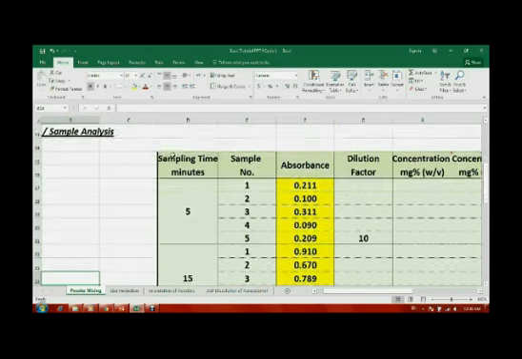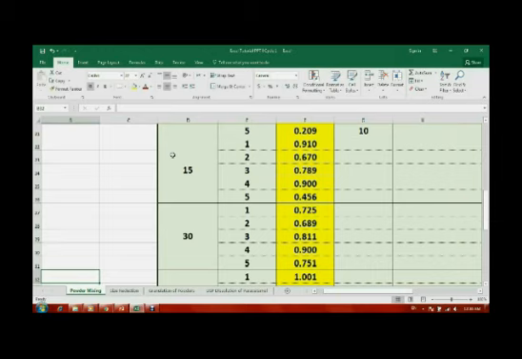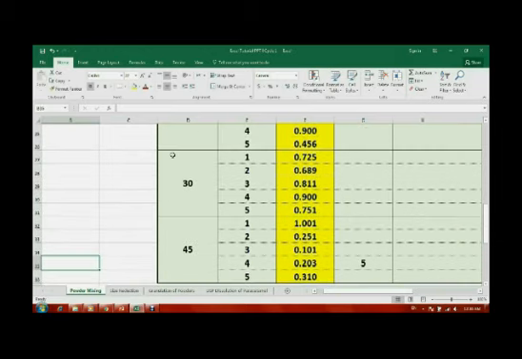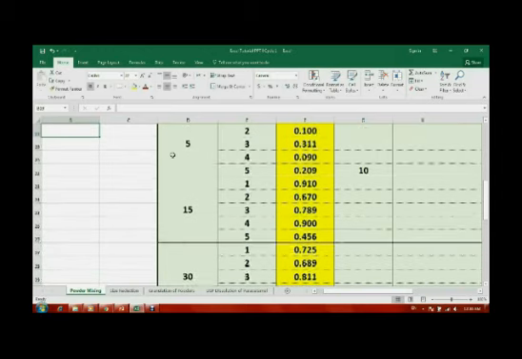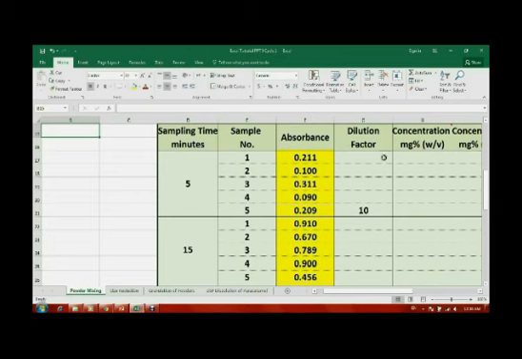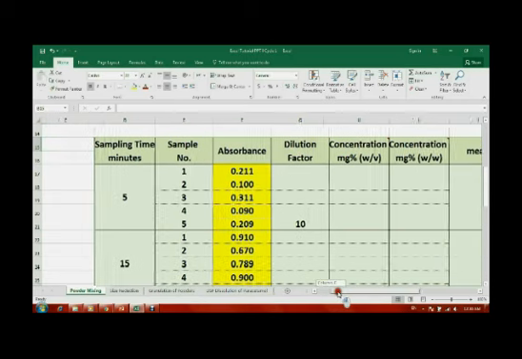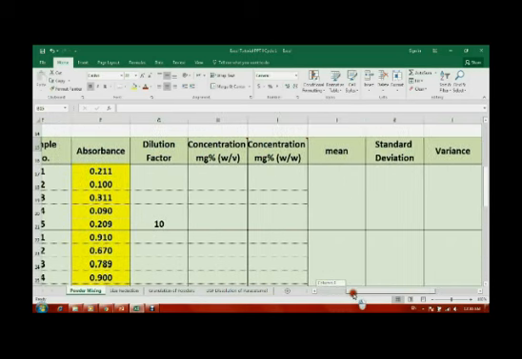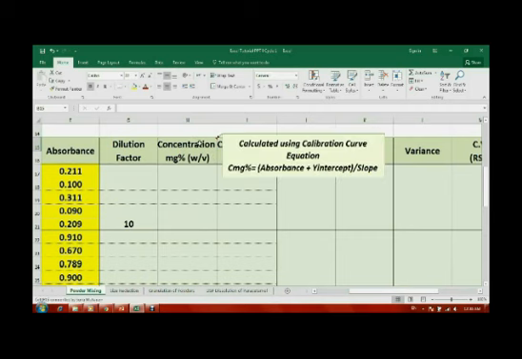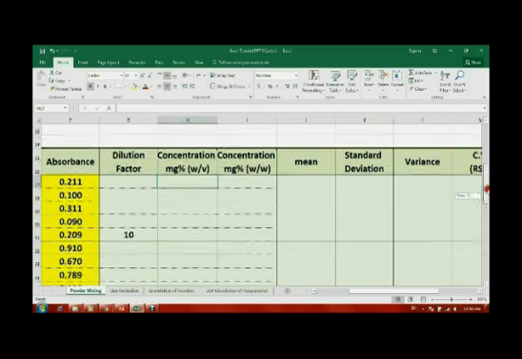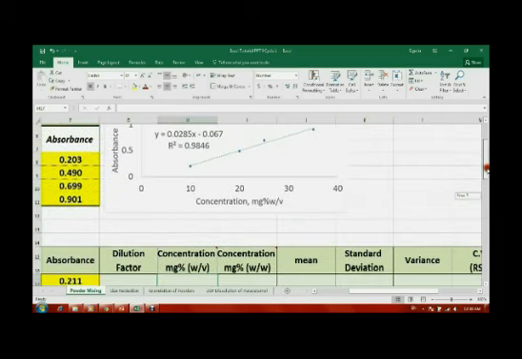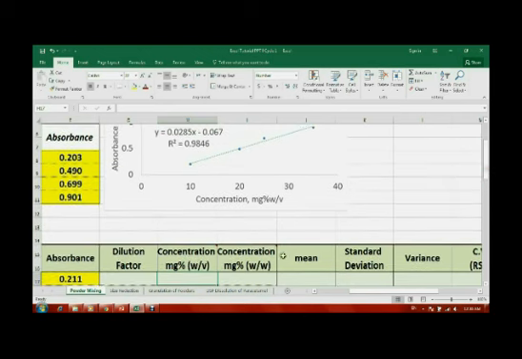Here, our equation is y equal to 0.0285 times x minus 0.067. Y represents the absorbance value. Meanwhile, x represents the concentration value. And the concentration unit should be milligram percent weight per volume.